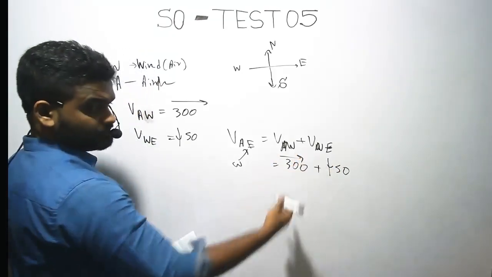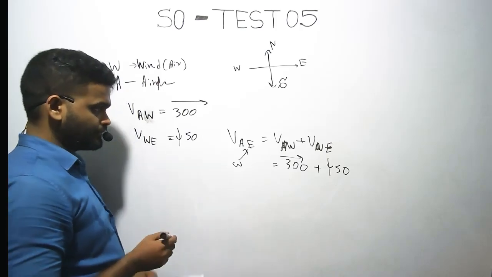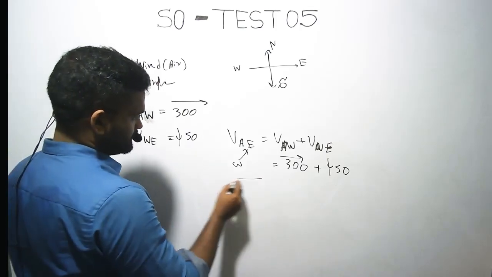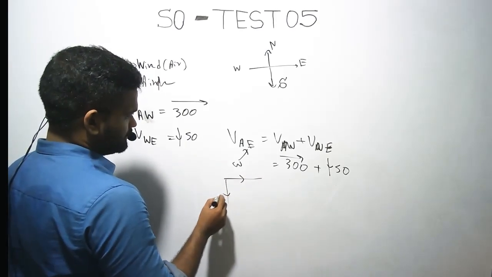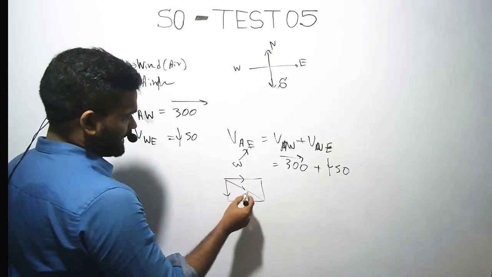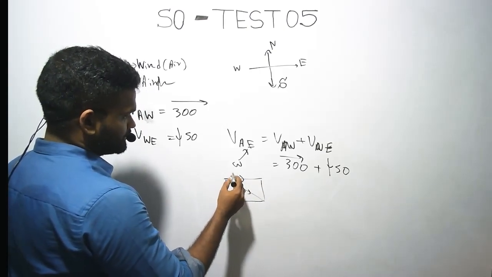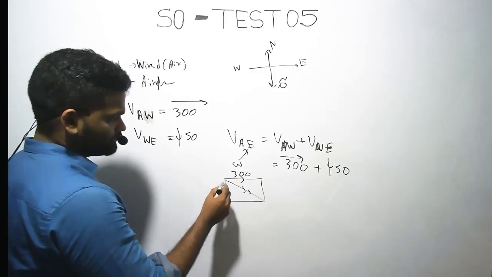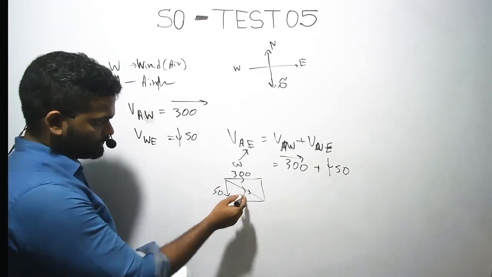Then to simplify this, you need a rectangle, right? So the diagonal gives us the velocity. It is 300 to this side and 50 to this side, and you need to get this length.